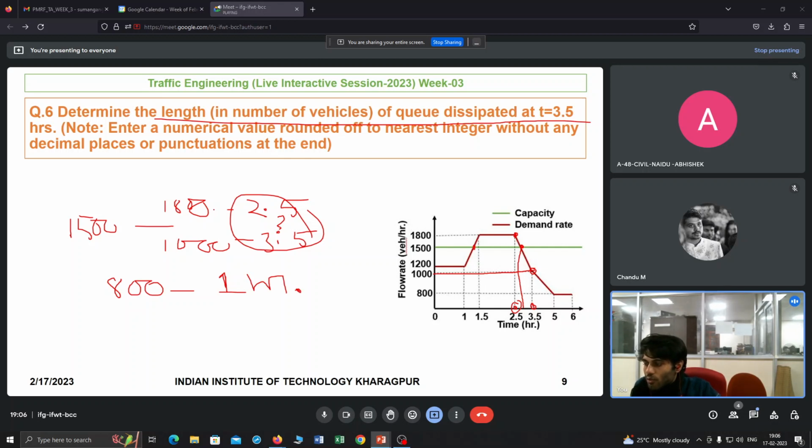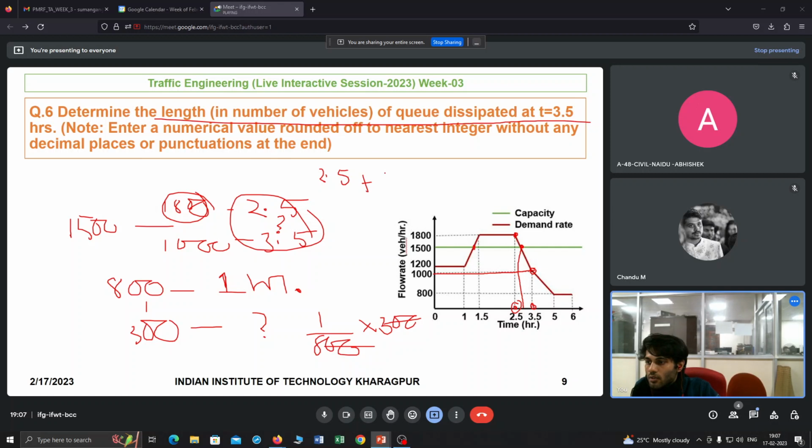Now you want to reduce from 1800 to 1500, a reduction of 300. So from 2.5, the time taken is simply 1 by 800 into 300, so 3 by 8.